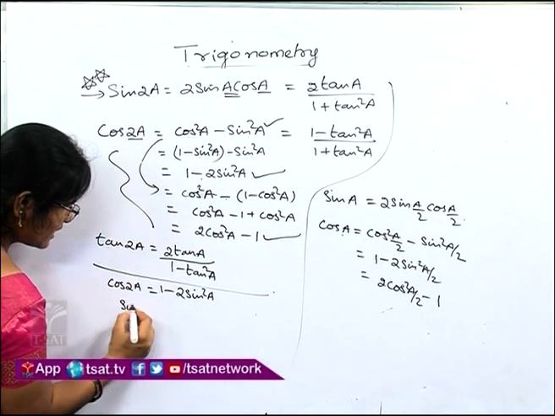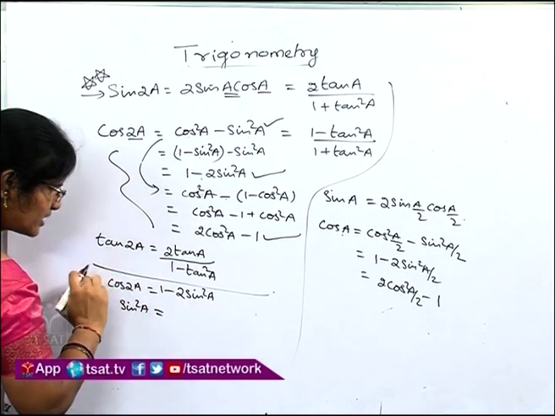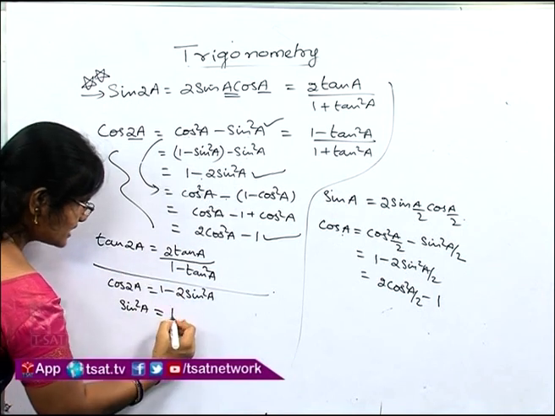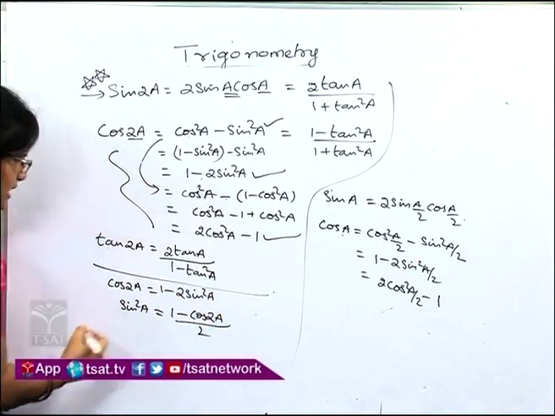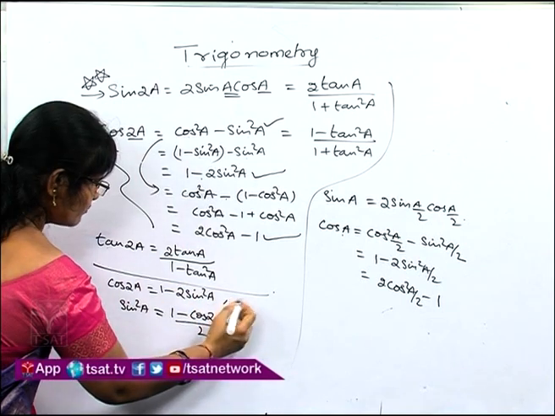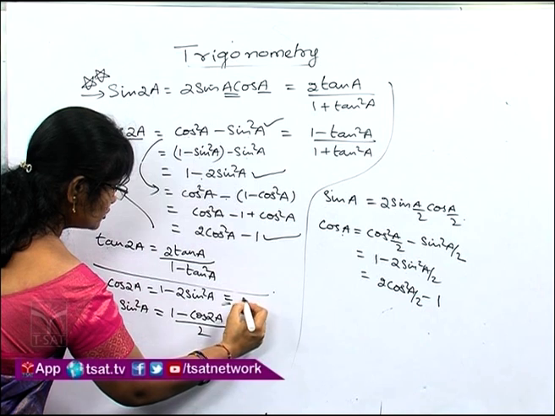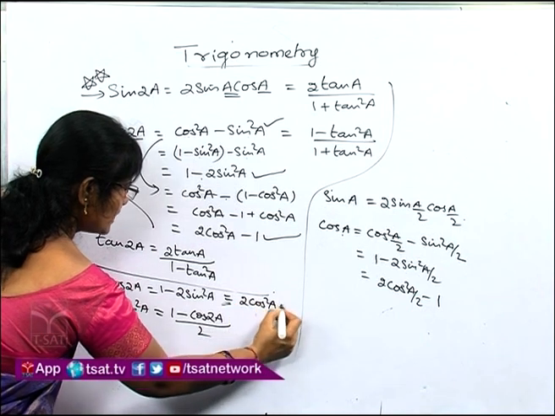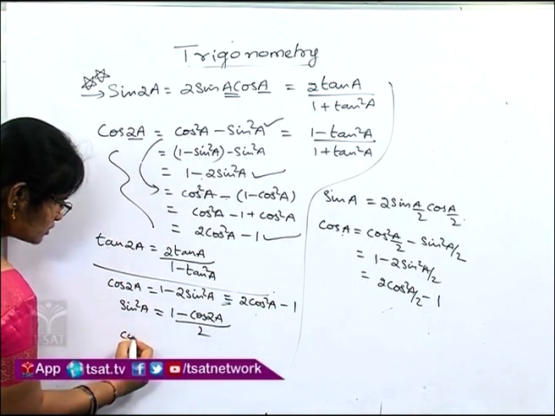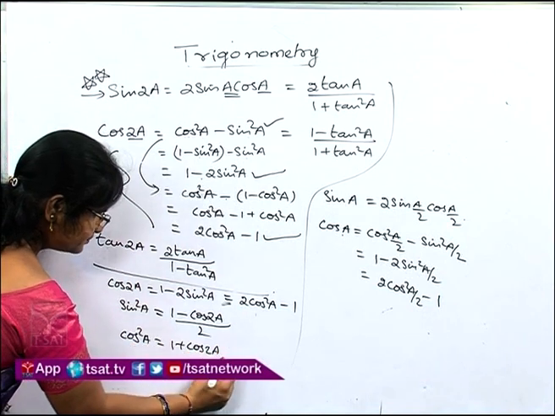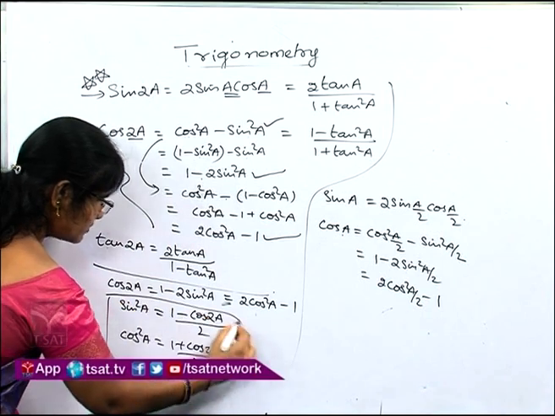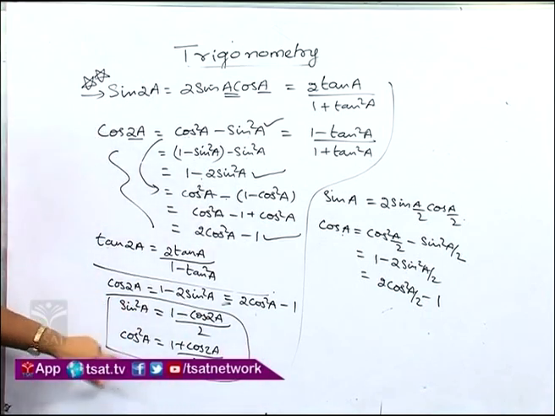So, sin square a equal to, if you bring sin square here and you send this one other side, you will get as 1 minus cos 2a by 2. And one more formula what we are having, children, cos 2a equal to 2 cos square a minus 1. So, from that also we can derive cos square a equal to 1 plus cos 2a by 2. So, these two formulas also important, children, sin square a and cos square a.